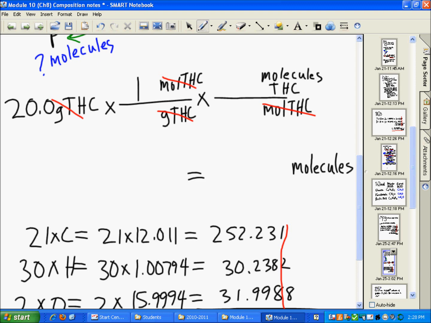So 1 mole is 314.468 grams. And how many molecules of THC in a mole? 6.02 times 10 to the 23. Does that go on top or bottom? On top. So it's 6.02 times 10 to the 23 molecules in 1 mole. So now we've got our calculation set up.